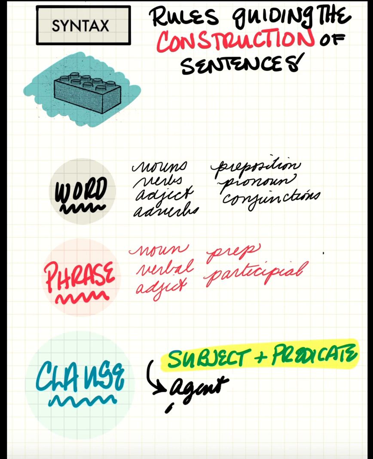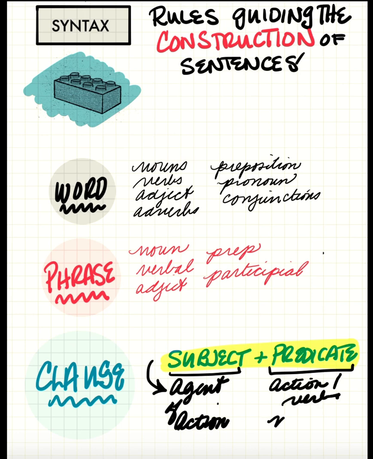And the predicate, the second half, is going to be the action or verb, along with usually more information describing the subject. And in grammar talk, we call that modifying information. So usually more things modifying the subject, more info about subject.